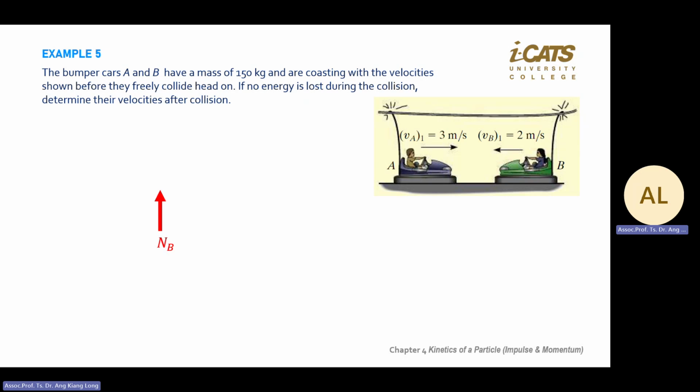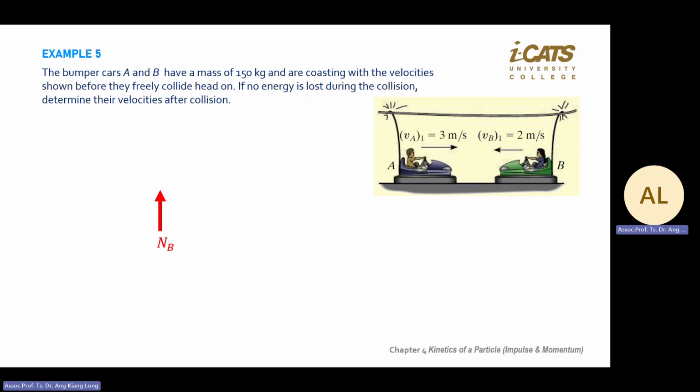There are many possibilities. For A, either it will stop, or it will continue to move, or it will move to the back. There are three possible motions. For B, we have two possible motions: either it stops or it moves to the back.